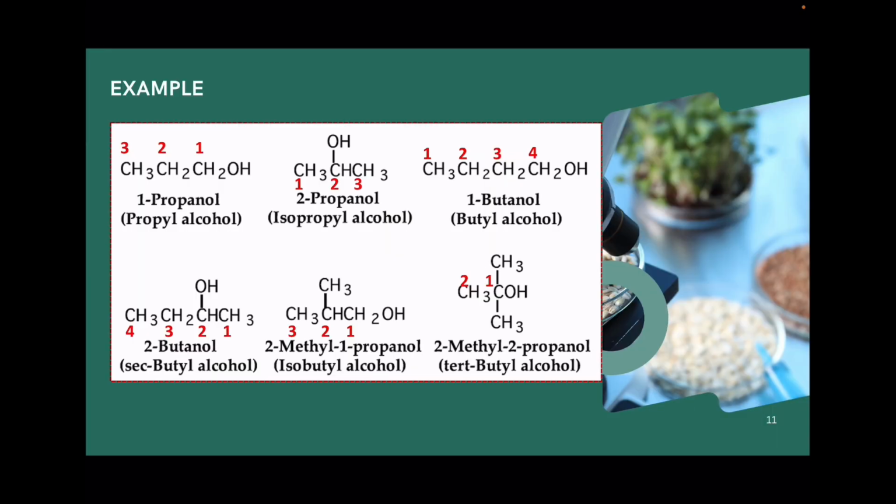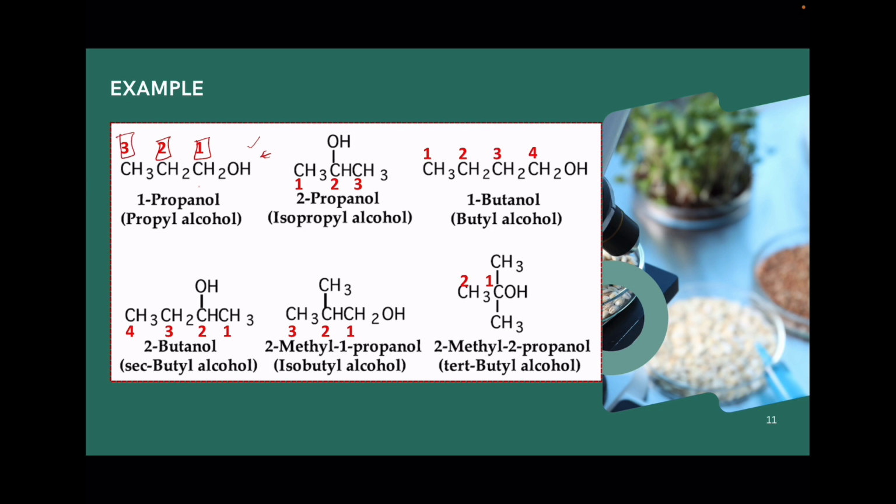We look into the examples of naming the compound. If you can see the first compound, which is 1-propanol, how do we name it? First of all, we need to identify the longest chain that contains OH. We start from the right, which will be carbon number 1, number 2, and number 3.